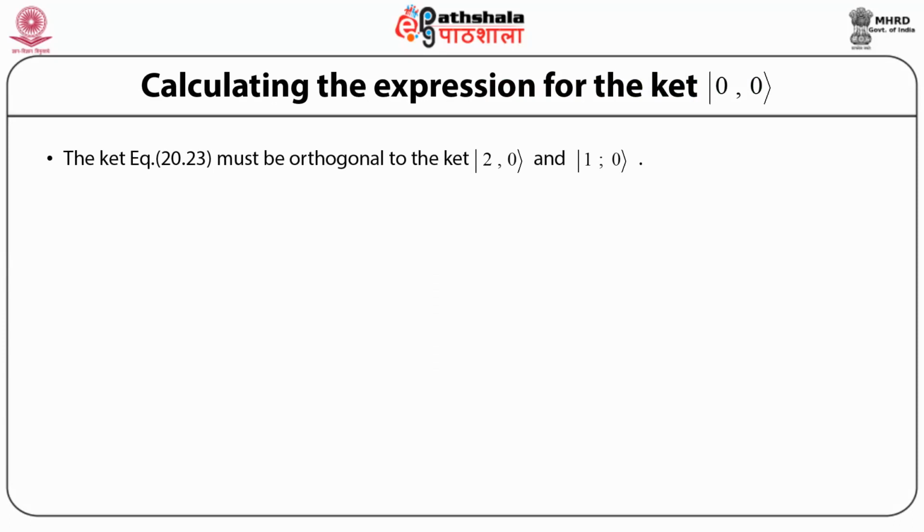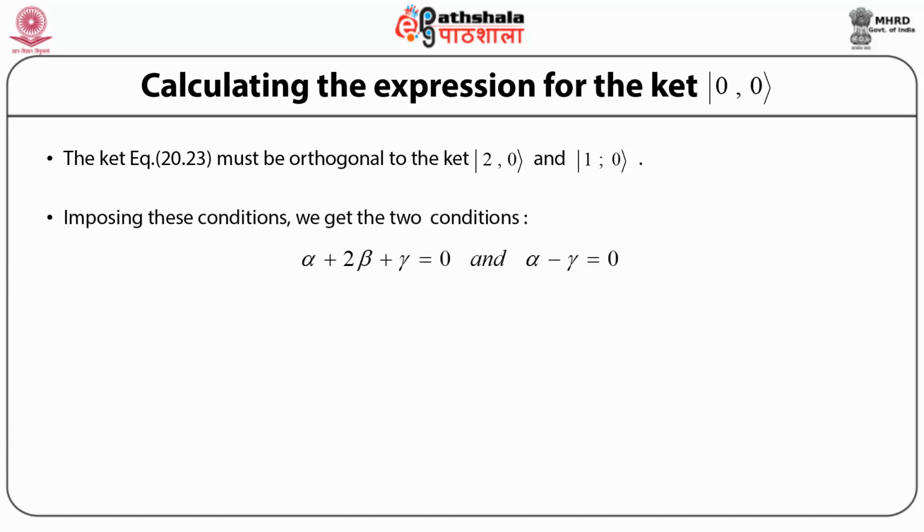The ket described by equation 23 must be orthogonal to the ket(2,0) and ket(1,0). Imposing these conditions, we get the two conditions alpha plus 2 beta plus gamma equals 0 and alpha minus gamma equals 0. These relations give alpha equals minus beta equals gamma.